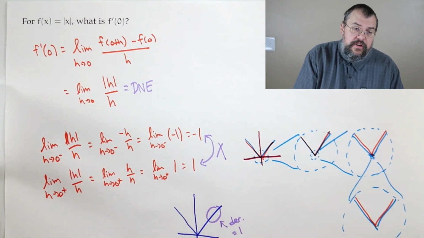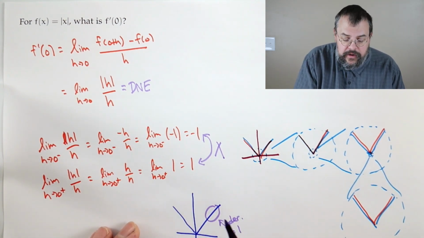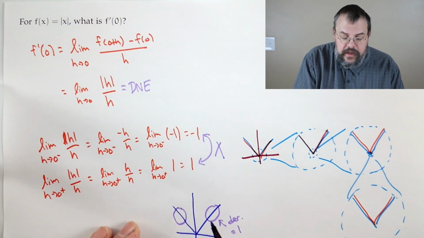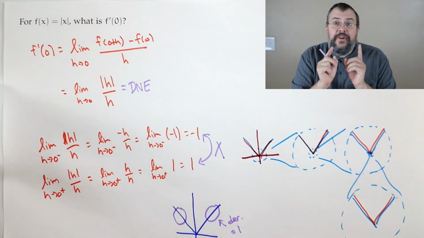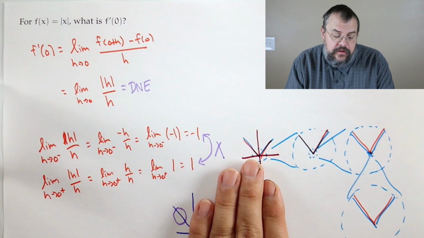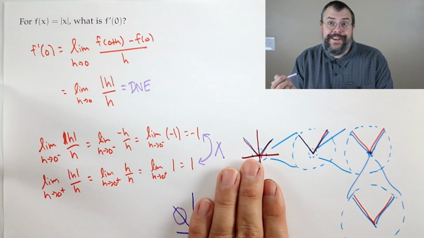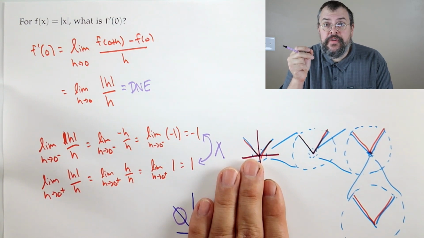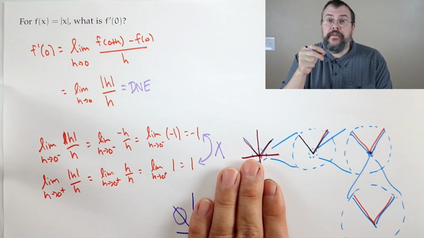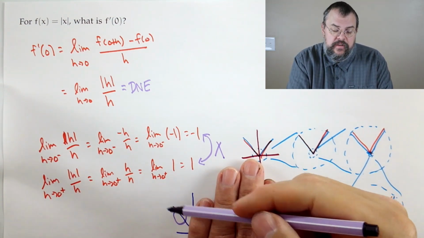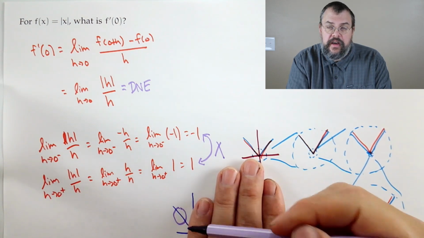On the other hand, suppose I were looking on the other side. So I was looking over, say, at this part. Again, I only need to know the local behavior. So even though far away it's doing something different, locally it's looking like a line, it's behaving like a line. And so I can say, well, the derivative is the slope of that line. This is the line y equals minus x.